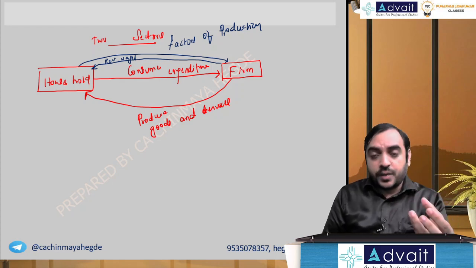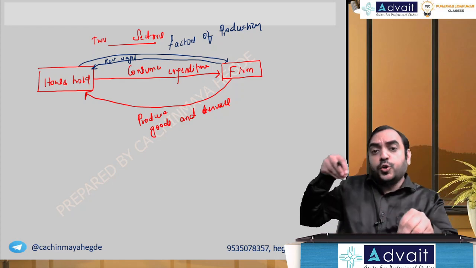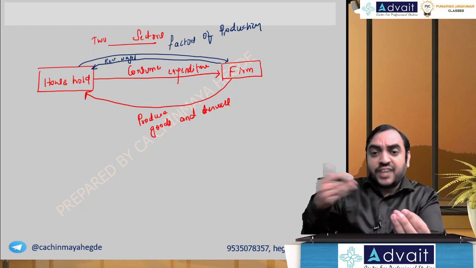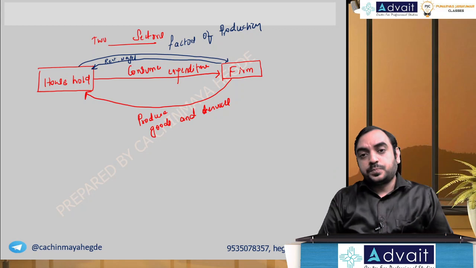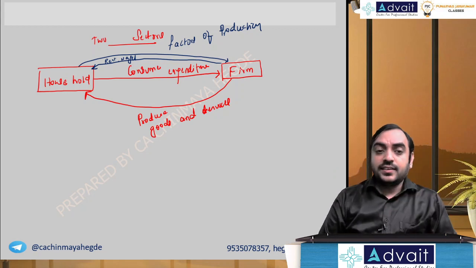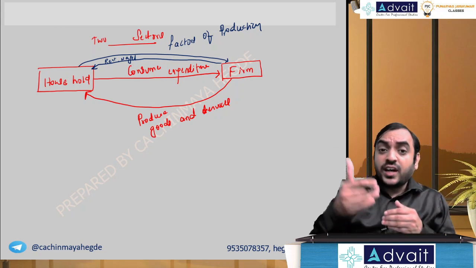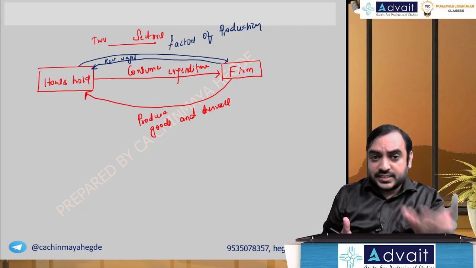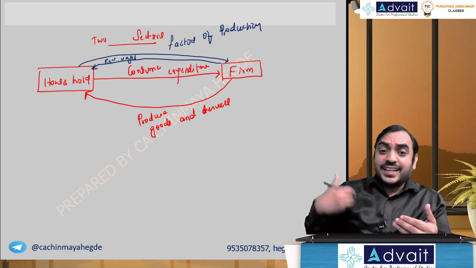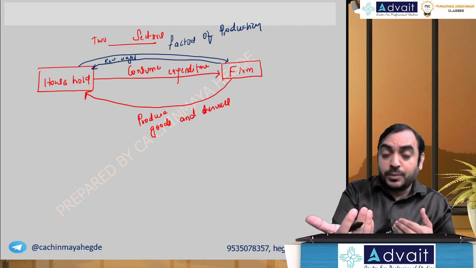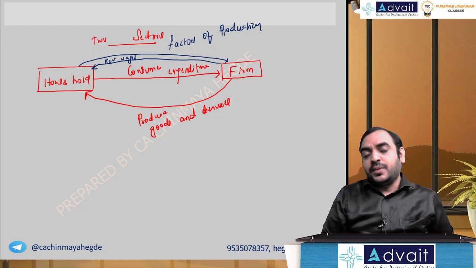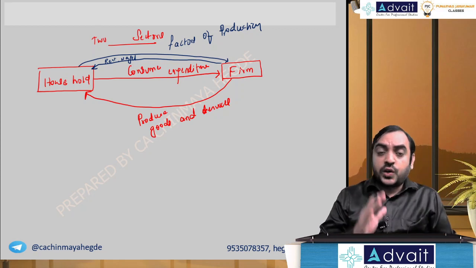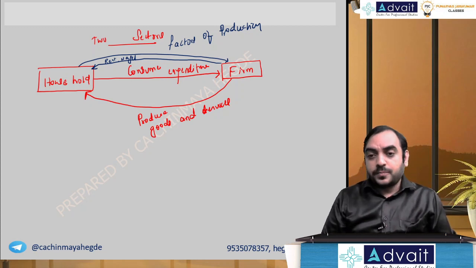Household spends money on the goods produced by the firm. So for the household, it is an expenditure, and for the firm, it is an income. Similarly, when the firm requires some services, household people will come and work, let's say wages. So for the firm, it is the expense that is going to be paid out, and for the household, that becomes an income. Only two parties are there. This is called the two sector model.